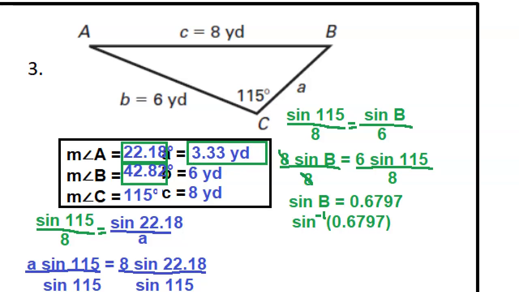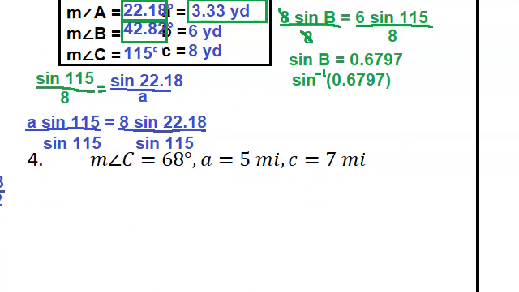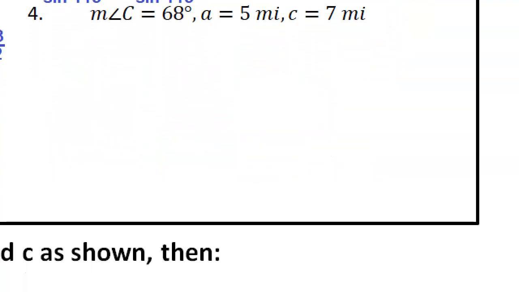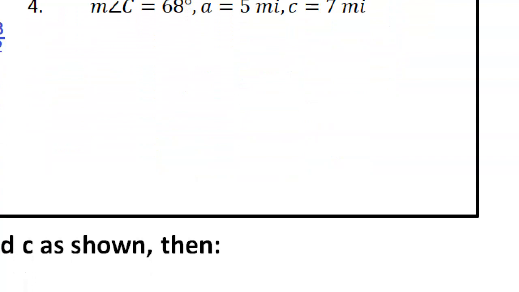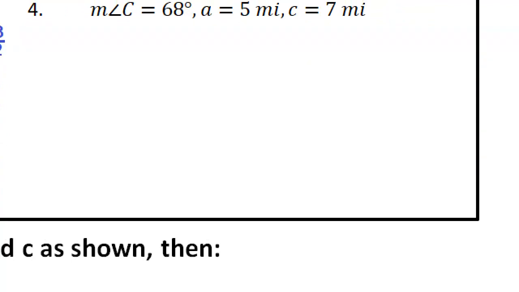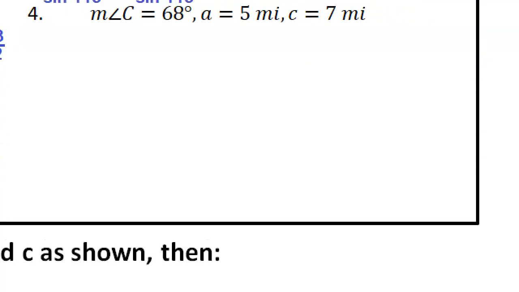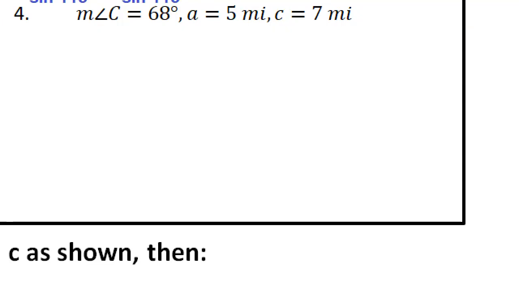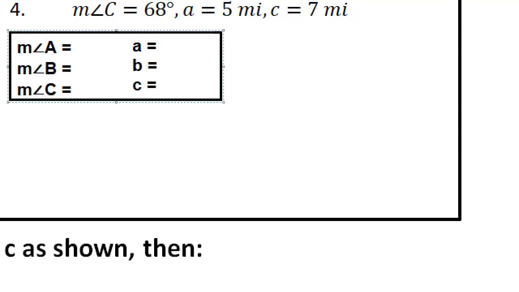All right, so let's try that method one more time with example number 4. And then we will call it a day. All right, so once again, through the magic of video, I can just sneak that in there.